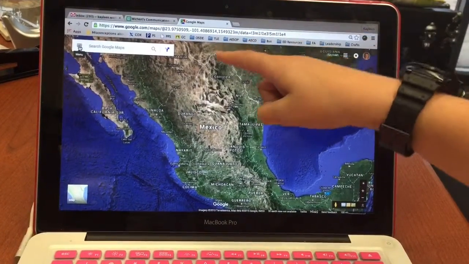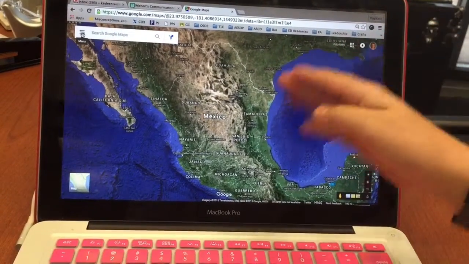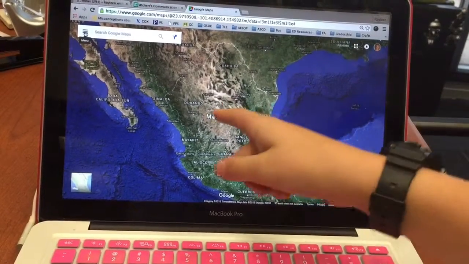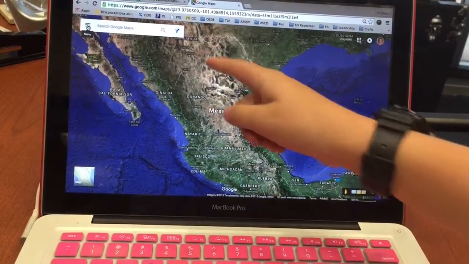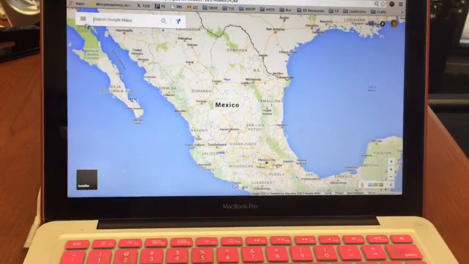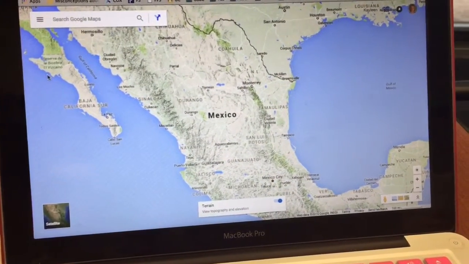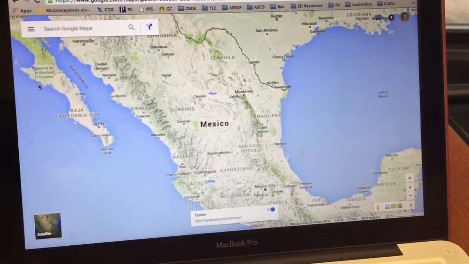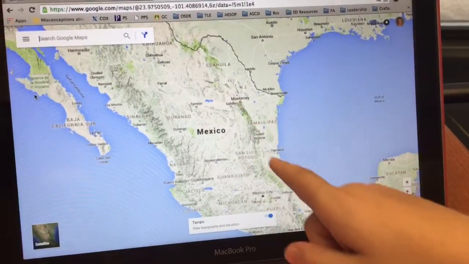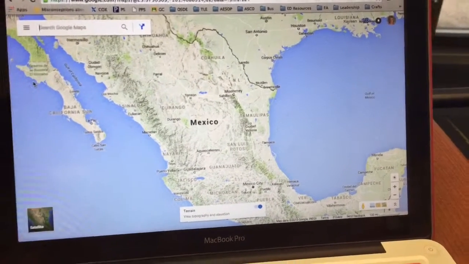So like the rain shadow effect on this mountain range, the rain is coming in from over here, but the mountains block the rain, so the land areas over here don't get as much rain. So show me the mountain ranges again. There was one right here, and then right there.